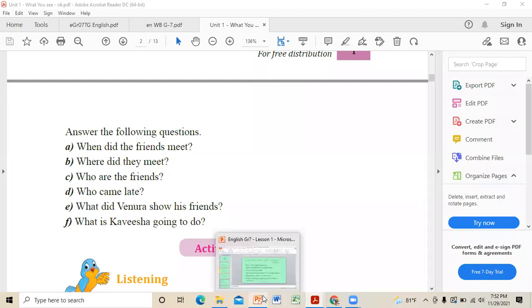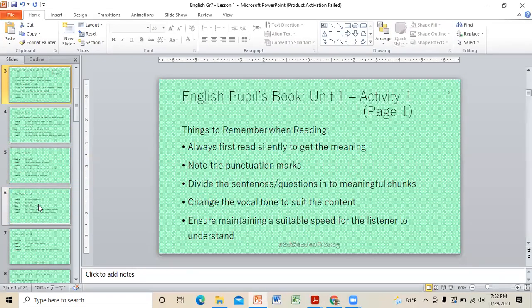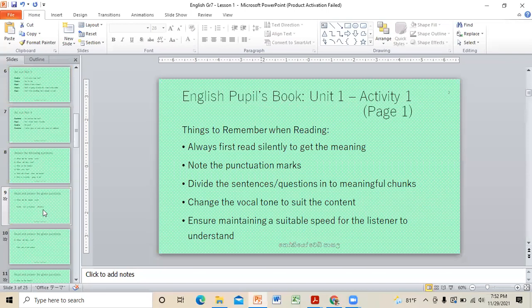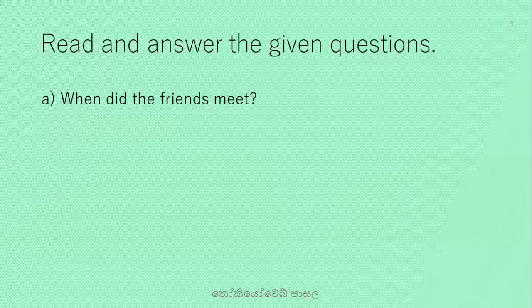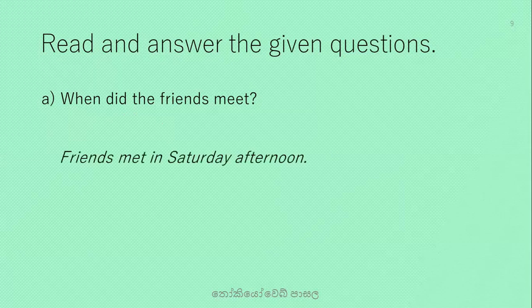And one thing which I would like to tell you here is, when we are answering this kind of question, I would like you to give the full answer. I did not mention it because I just wanted to see how we are going to answer. So the first question, when did the friends meet? If we are going to give the answer, we need to give it in a full sentence.